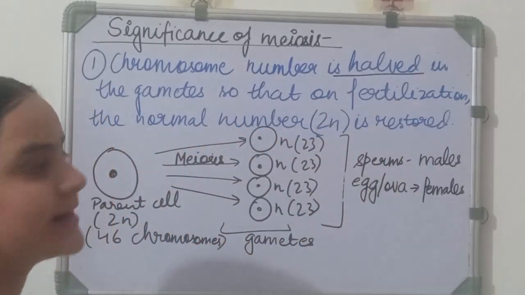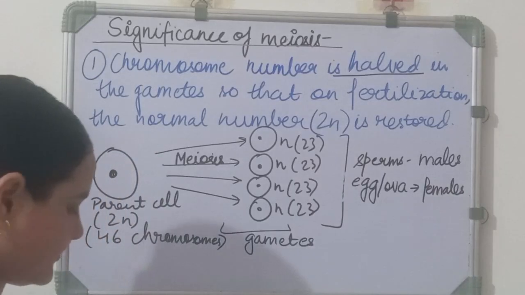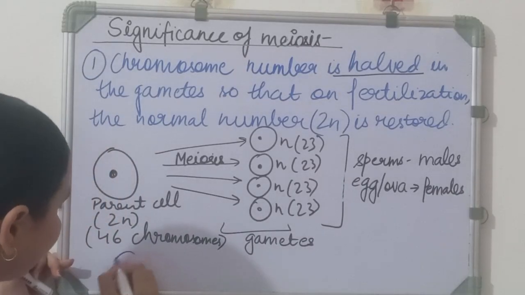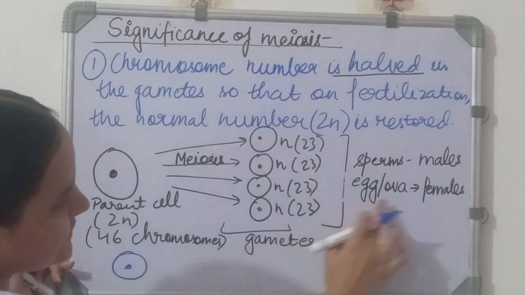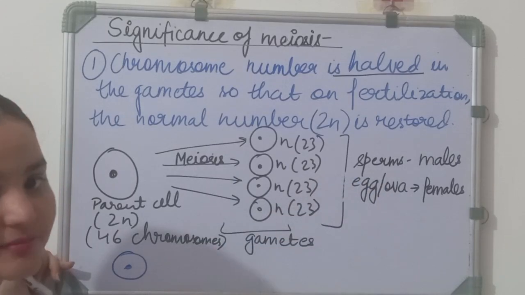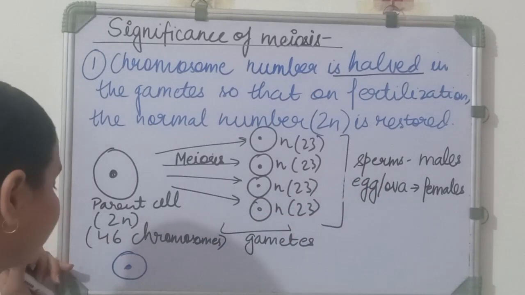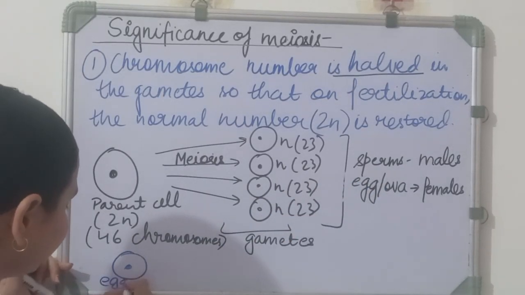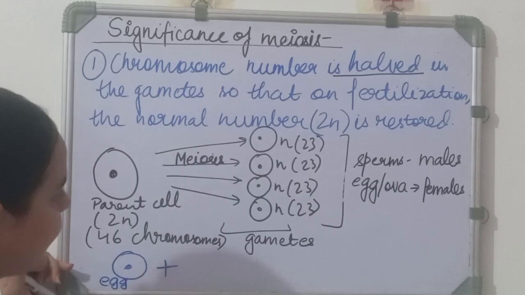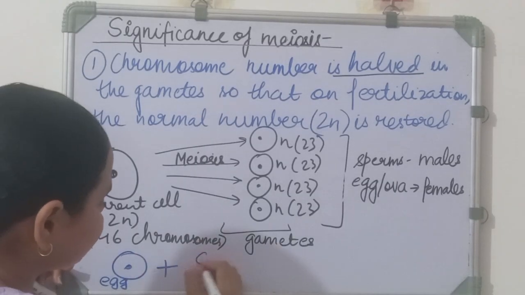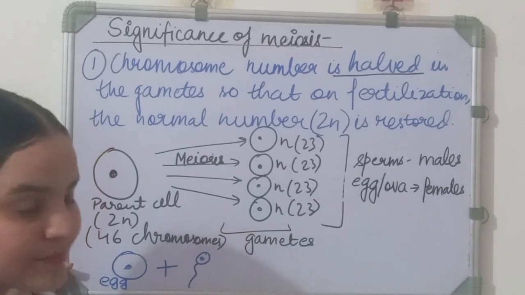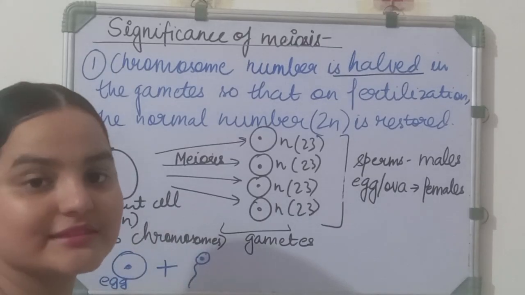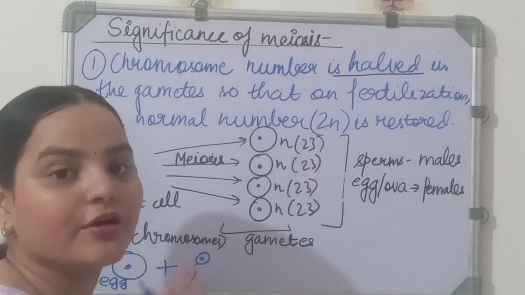Let's understand this point. See, this is the egg of the female, which is produced by the female body through the ovary. And this is the sperm of the male, which is produced due to meiosis occurring in the human body of males.